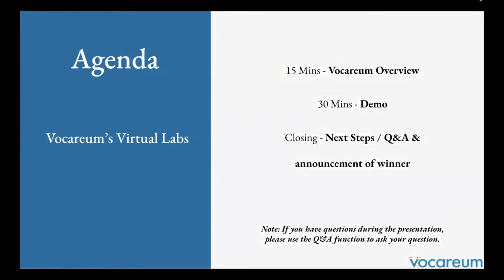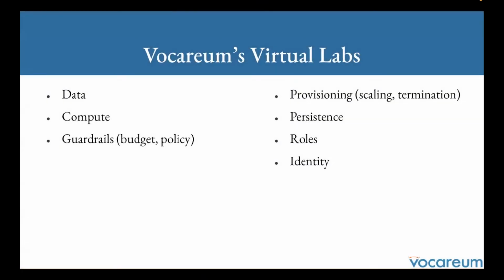So with that, let me start with a little introduction about what Vocarium is about. We provide virtual labs, and what we mean by virtual labs is that these are spaces which bring data, compute, and guardrails together. What we mean by guardrails is that as an administrator, teacher, or author, you can specify guardrails in terms of budget, time, and how much memory or compute the user can use in a specific lab.